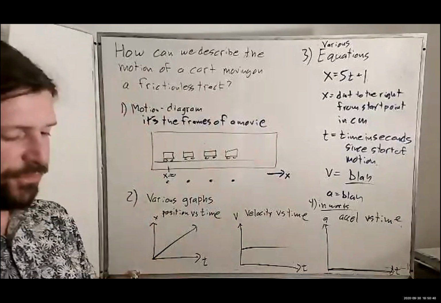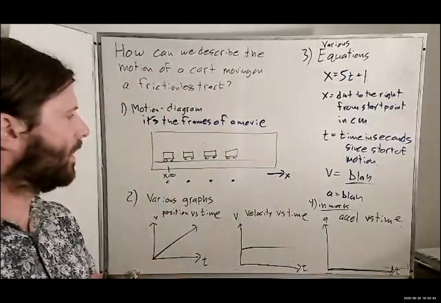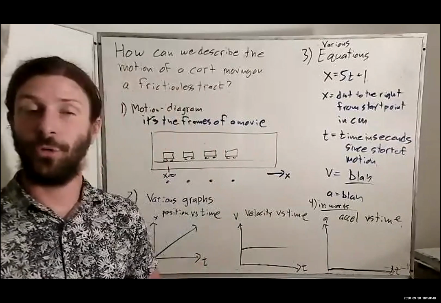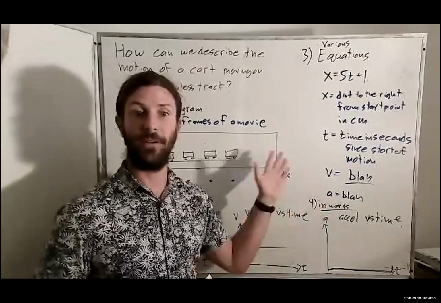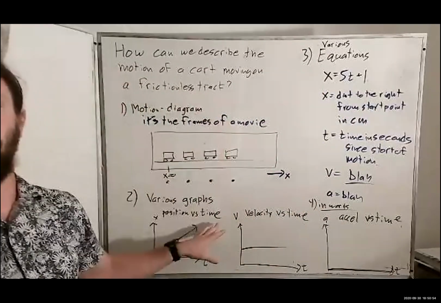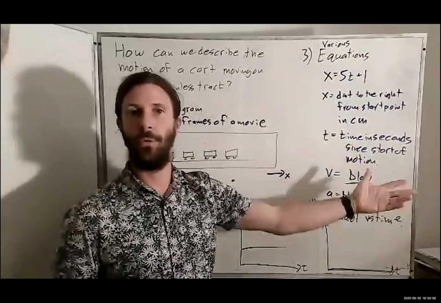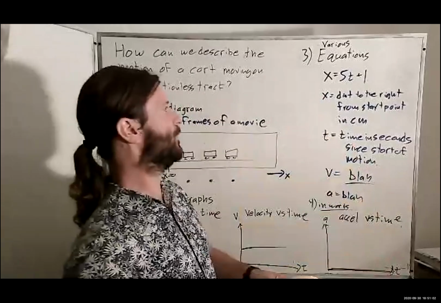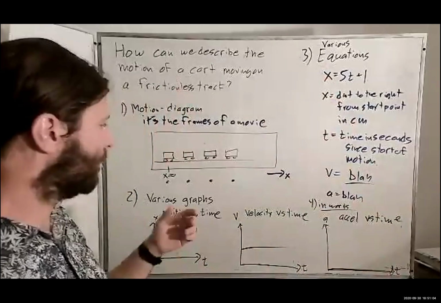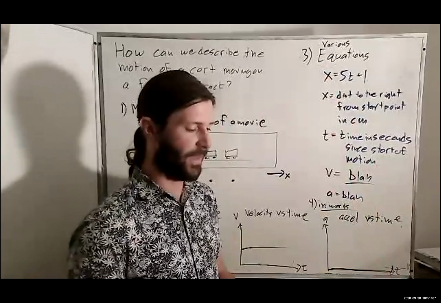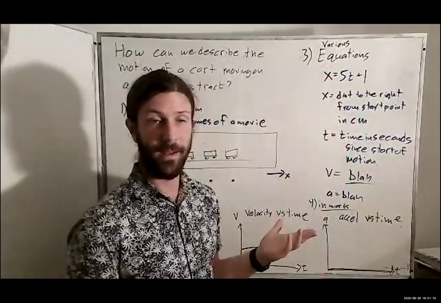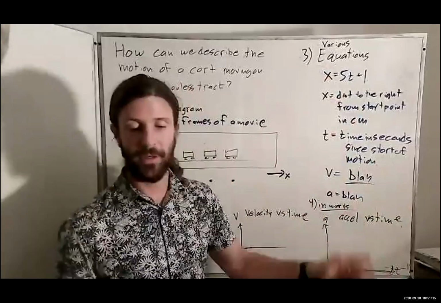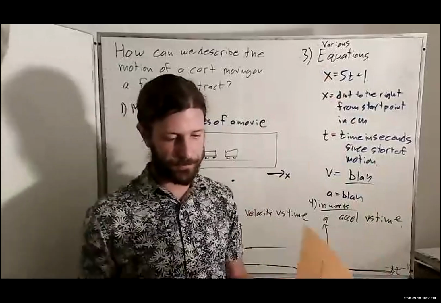All of these have different relations to each other, and that's going to be a lot of the focus of chapters 2 and 4: how all of these relate to each other, the motion diagram to the graphs, to the equations, to the words, and so forth. There are also relations between the equations and between these graphs, so we'll talk more about that. But those are the 4 main things we can use to describe the motion of a thing, kinematics.